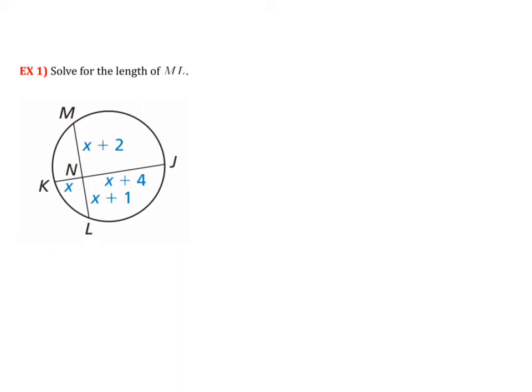which says that if I take the segments of one chord, so let me take MN and multiply it with NL, this product should be equal to the product of the segments of the other chord, which is KN times NJ.